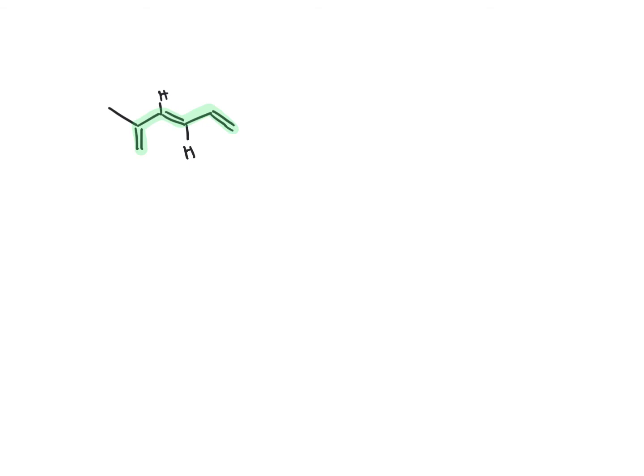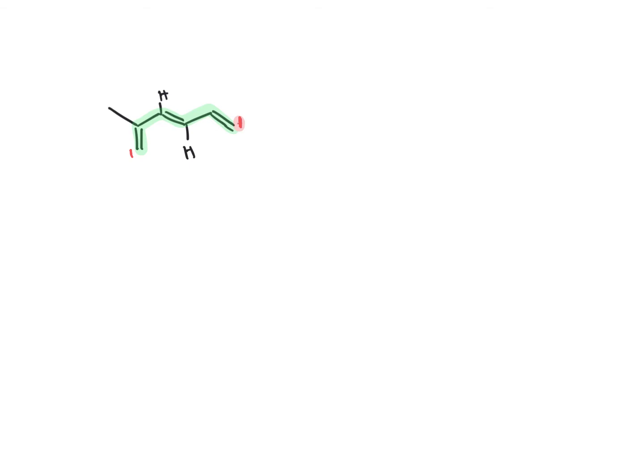After doing that, we want to name the carbons. So remember that we want to encounter the double bond or the multiple bond first, so go from the direction that we encounter those first. If I go this way or that way, both of them would be the first carbon.